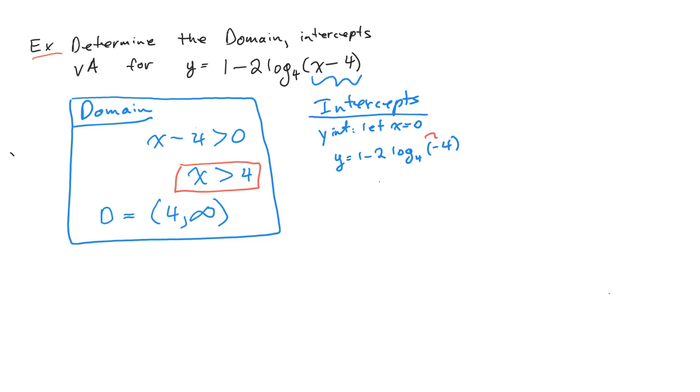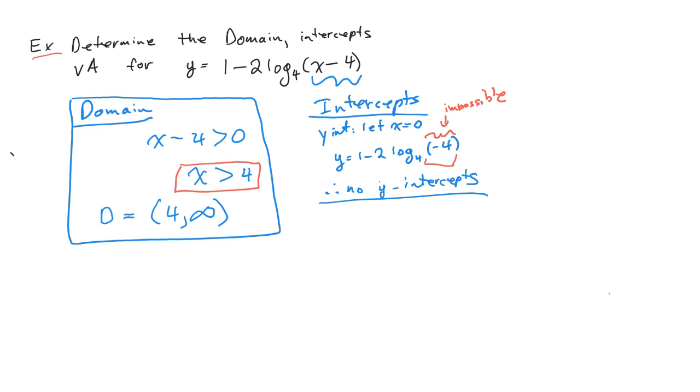Now, this situation is impossible. We cannot have a negative value inside the log for this portion of our graph. So we have to say there is therefore no y-intercept.